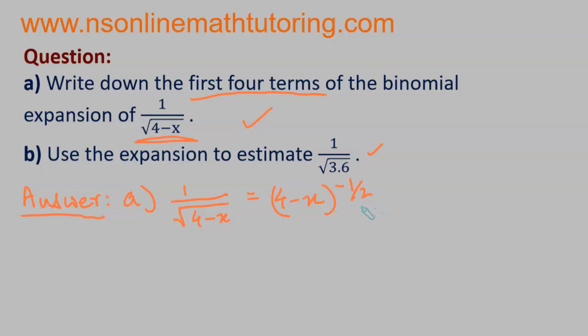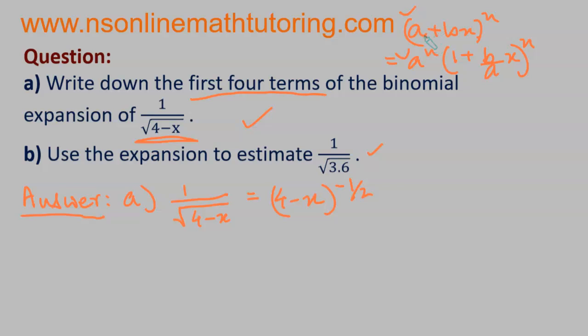And what was the expansion? It was a plus bx raised to the power of n, was first of all written as a to the power of n times 1 plus b over a times x whole raised to the power of n. I had shown you how to get to this form from this form.